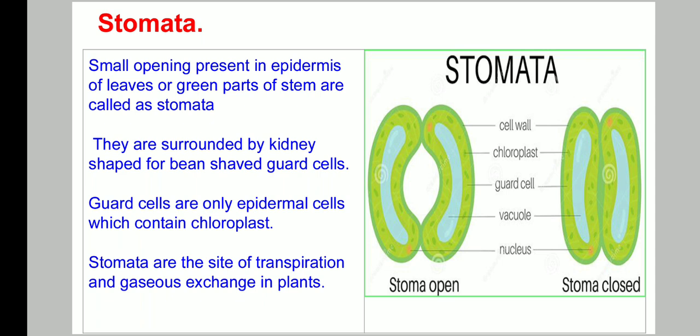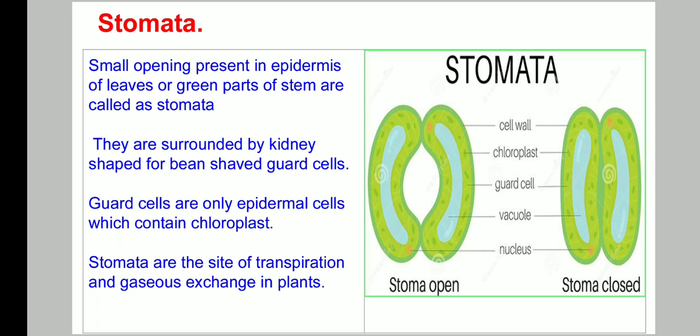Guard cells are the only epidermal cells which contain chloroplasts. If you remove the epidermis from a leaf or any part of a plant, you will find it is not green but a very faded green, and only the stomatal guard cells contain chlorophyll.